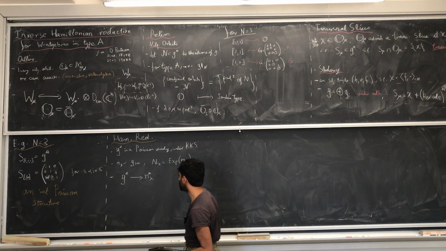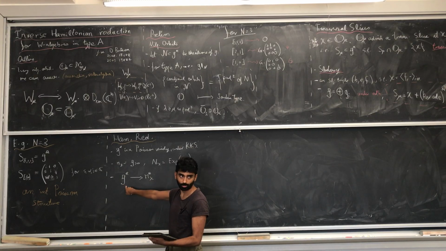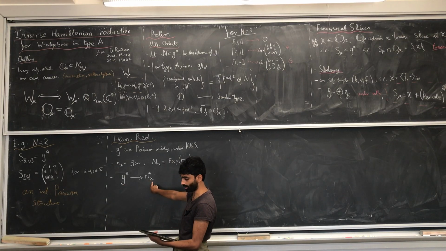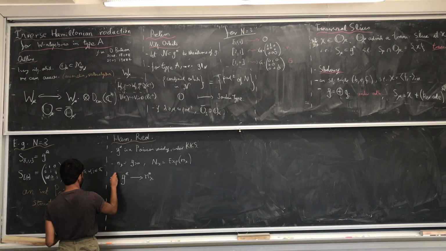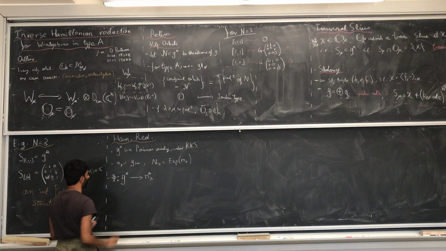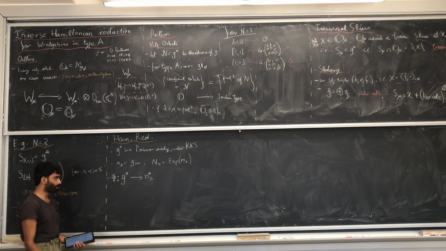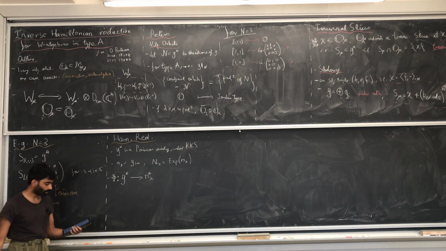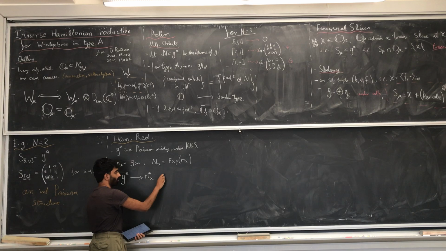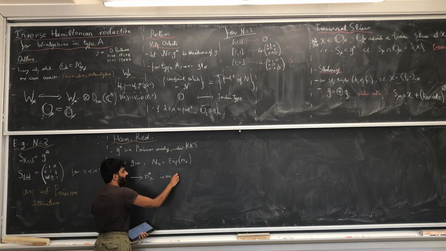So like I was saying, there's a natural map from G dual to n chi dual, which we call phi. And this is a moment map.